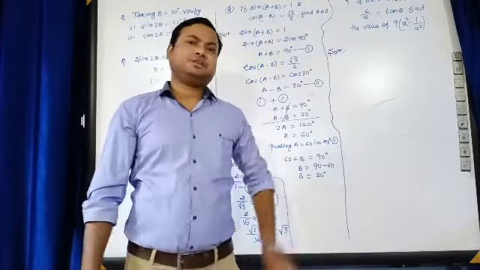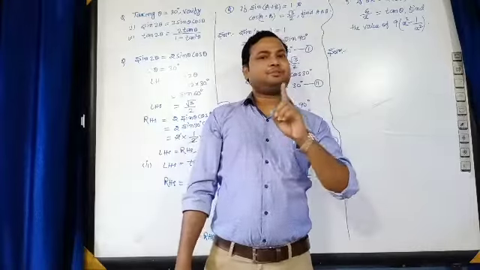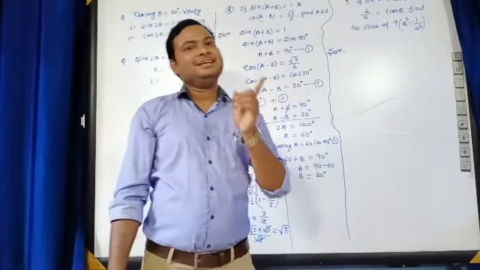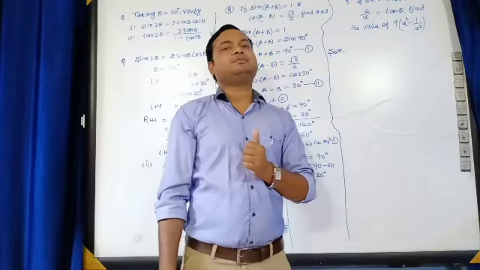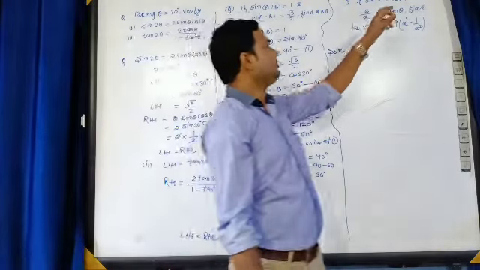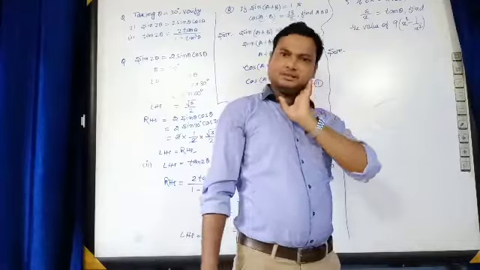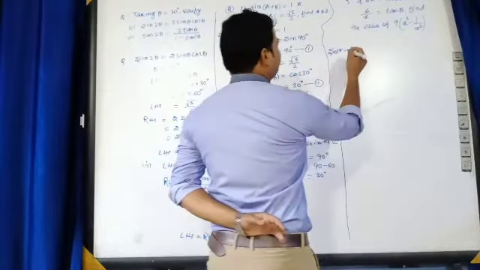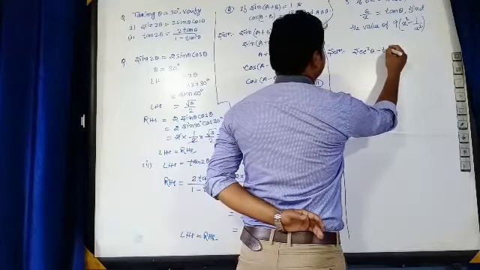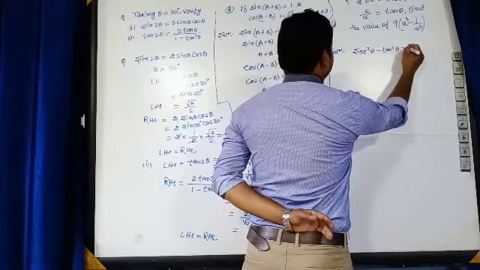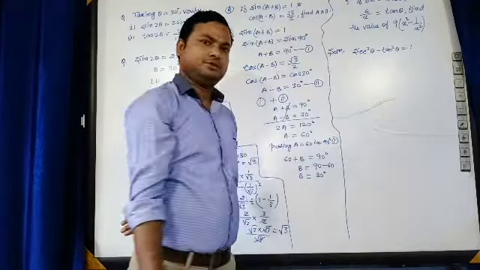We have three formulas: sin square theta plus cos square theta equal to 1, sec square theta minus tan square theta equal to 1, and cosec square theta minus cot square theta equal to 1. Now look here, here are sec and tan, then use the second formula. We know very well that sec square theta minus tan square theta equal to 1.